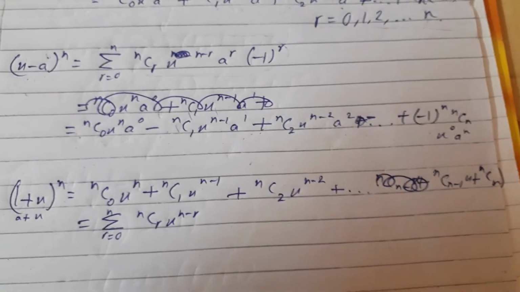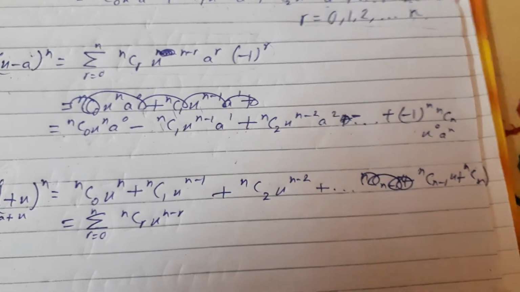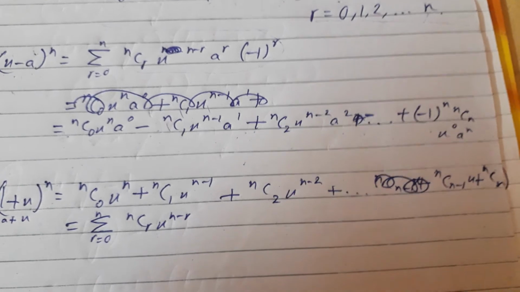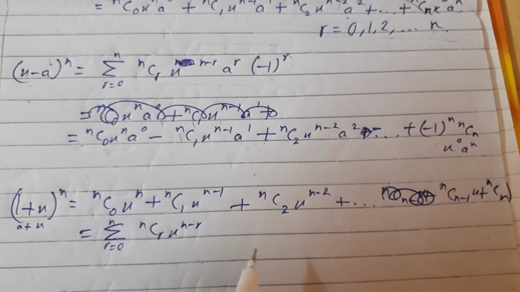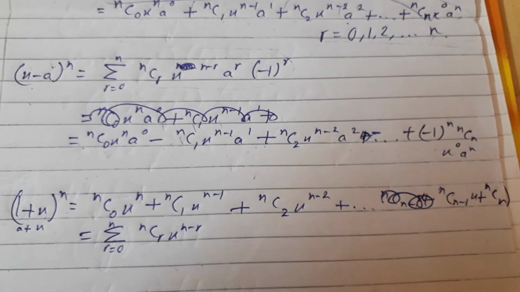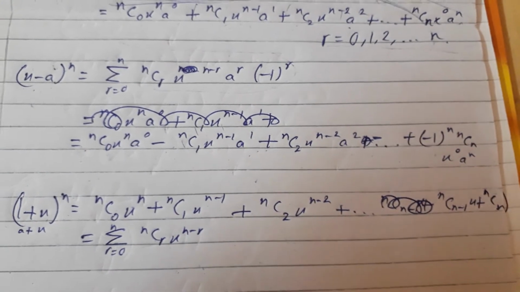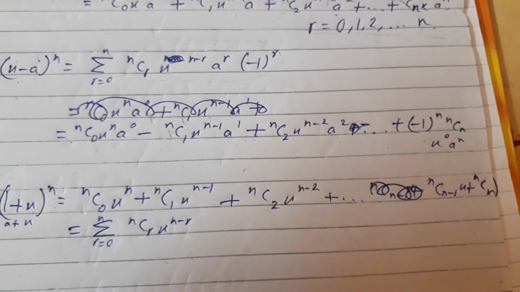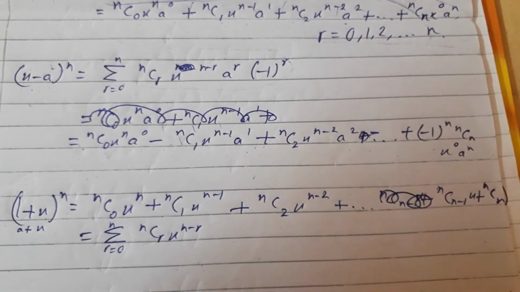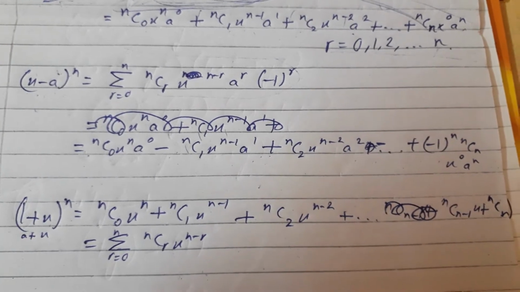But we cannot use this, we cannot learn this. Why? Because this expansion of (1 + x)^n will give the descending powers of x. This is the expansion of (1 + x)^n in descending powers of x. But we need the ascending powers of x.